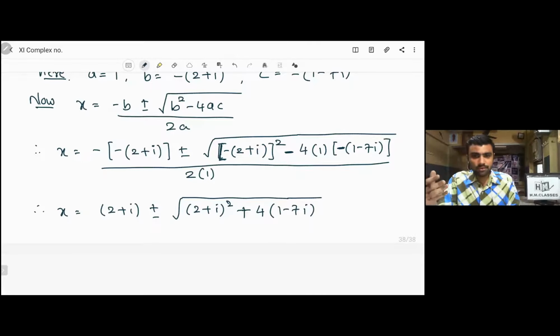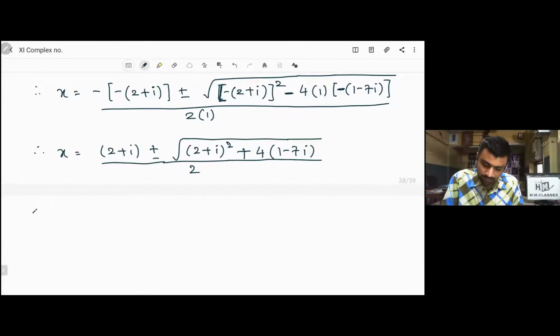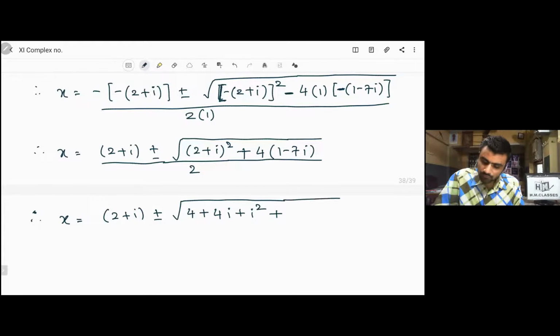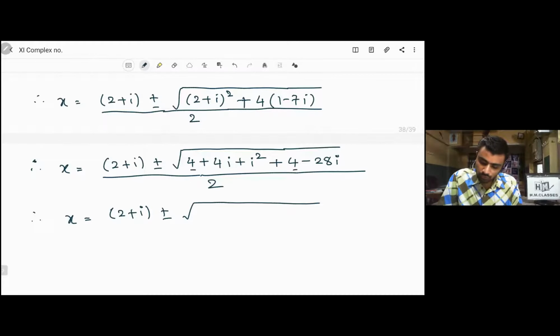Slowly and steadily the brackets are going to open, because we have to keep simplifying, and upon it, 2 into 1 is going to be 2. Now whatever is inside the root has to be simplified, expanding the whole square. So x is equal to 2 plus i plus or minus under root, expanding the whole square: 4 plus 4i plus i square plus 4 into this (1 minus 7i), that is 4 minus 28i, whole upon 2. Okay, so x is equal to 2 plus i plus or minus under root. Now this 4 plus 4 is going to be 8.